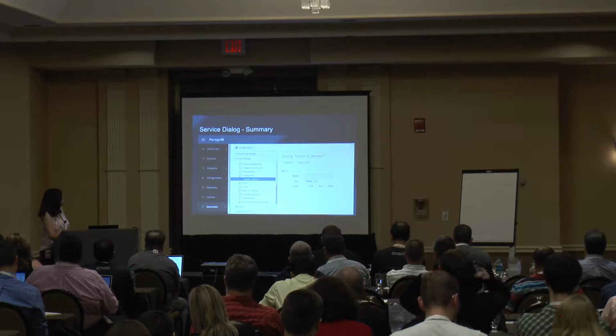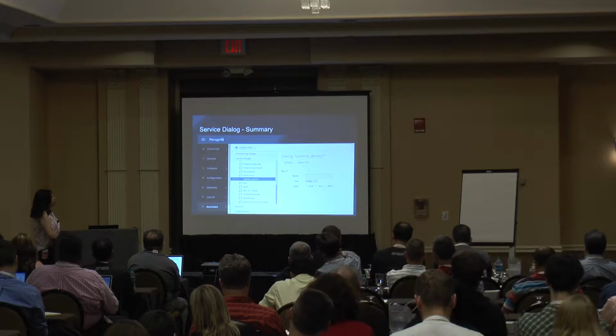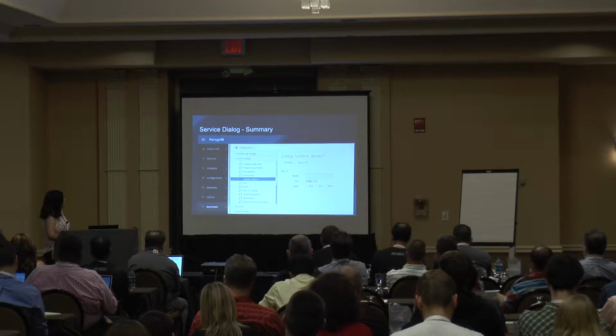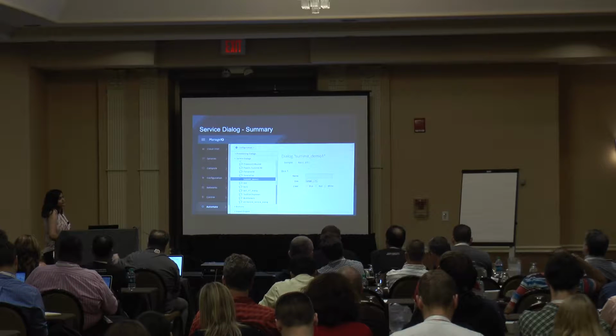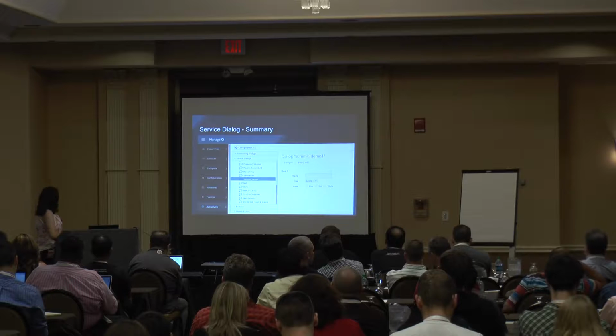So this is a screenshot of a service dialog summary screen. In order to be able to provision a service, an admin has to add a catalog item. And when they add a catalog item, they need to have a dialog, because this dialog is run when you provision a service.